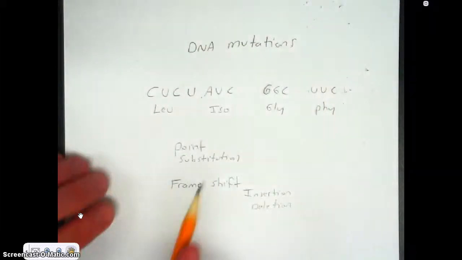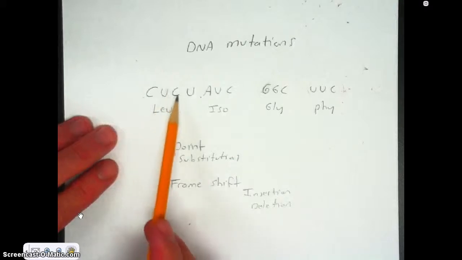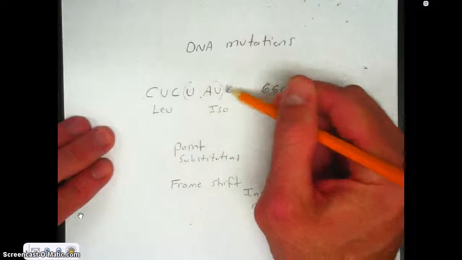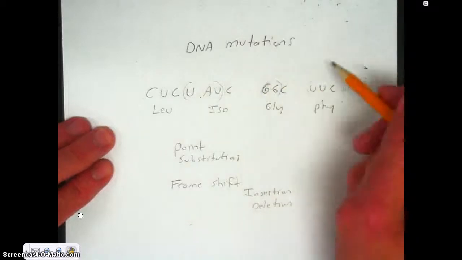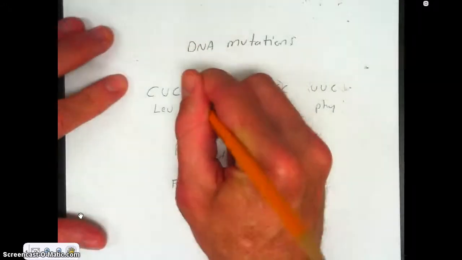If I do that, that has no effect whatsoever on this leucine here. The CUC still stays the same. However, every single set of 3 after that is now affected. And that's going to totally change what that protein would be and probably not make anything worthwhile at all.